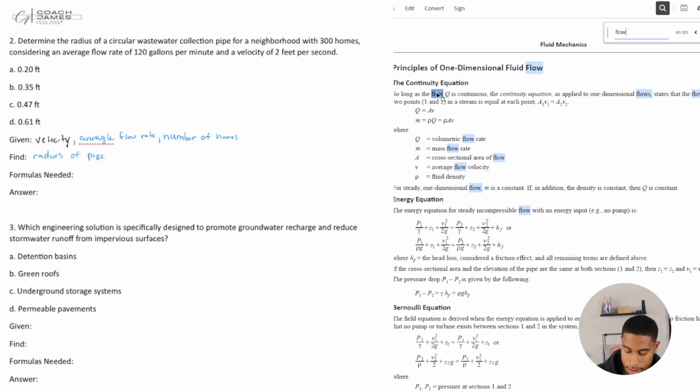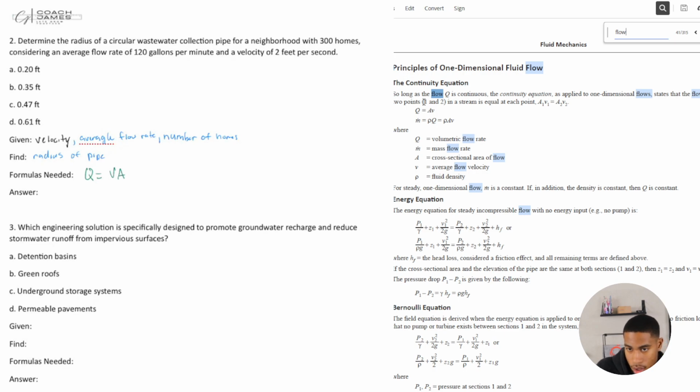They give us velocity. So Q is equal to V times A, or A times V. So we're given the flow. A would be the cross-sectional area of a pipe, which we don't know, but we're trying to find, which we're going to need to be able to find our answer. And then V is our velocity, and they give us that. So the formula needed is Q equals V times A.